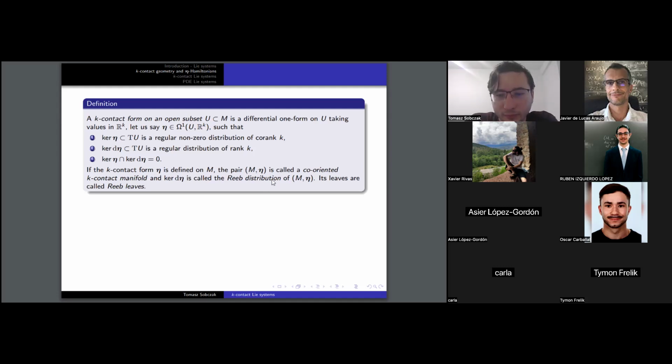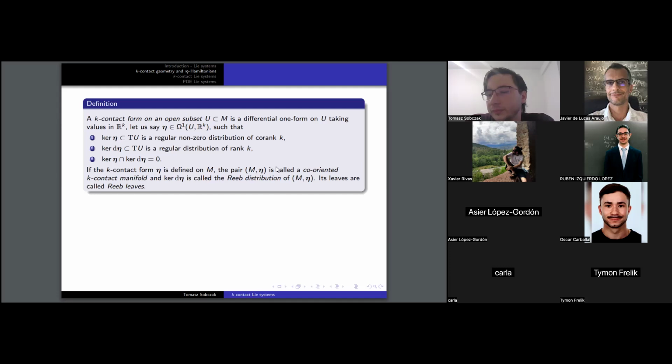So if you don't exclude the case of the kernel of eta being zero, the one-contact form could be d eta on R, okay? And that's not a contact manifold.